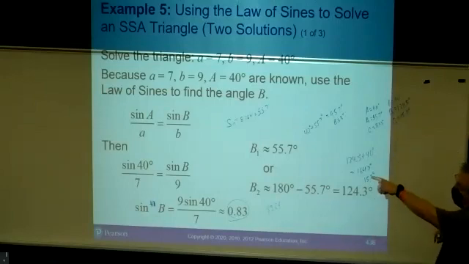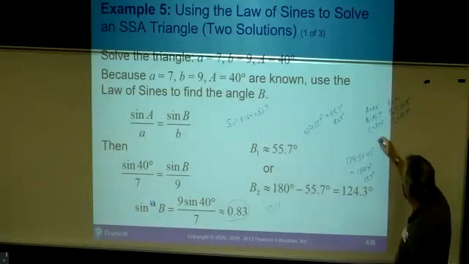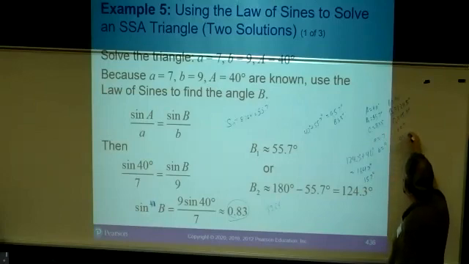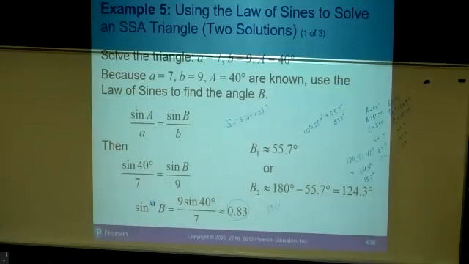And then all we need to do is find the two different C values, because A is going to be 7 in both cases, and B is going to be 9 in both cases. But we're going to have two different C values for the third side. So you use the law of sines to find them.